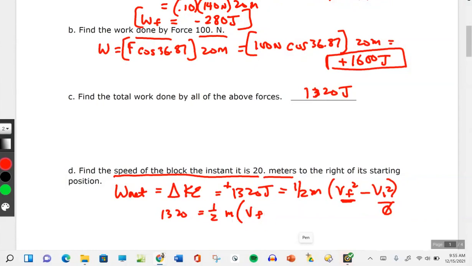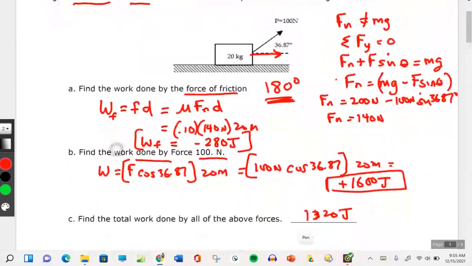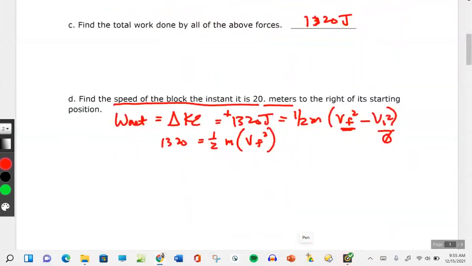That's what we don't know. What was the mass of the box? It was 20 kilograms. Really should be two significant digits. So 1320 joules equals 1/2 times 20 kilograms, even though the picture only shows one, times vf squared.